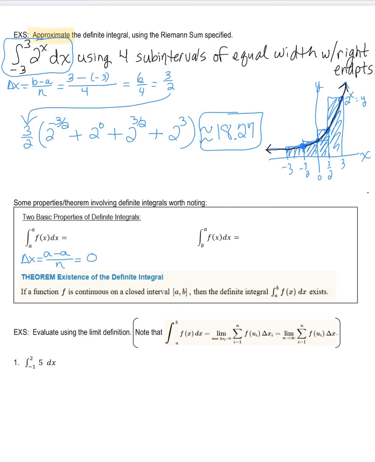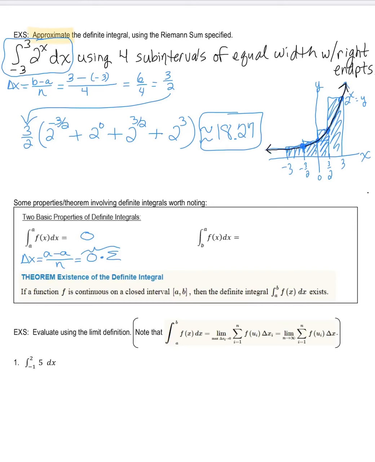So when you think about what would have happened here, if we would have had a common width of 0, so this would have been 0 times some sort of a sum, that of course is going to come out to be 0. And then over here, notice I've written this in a less traditional order, right?